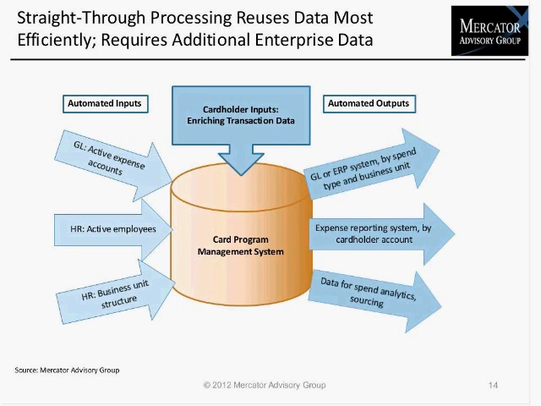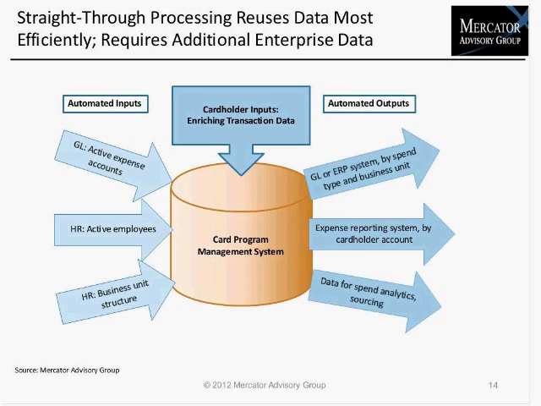When I, as the user, go in there, I can actually make note of who I was entertaining, what company they were, which individuals. I can, in many cases, and we'll talk about this later, capture the receipts and add them into the application. So cardholder inputs enrich that data with data that wasn't part of the original card transaction.